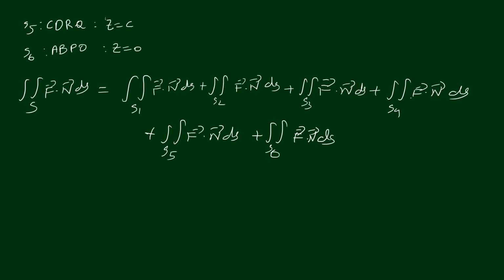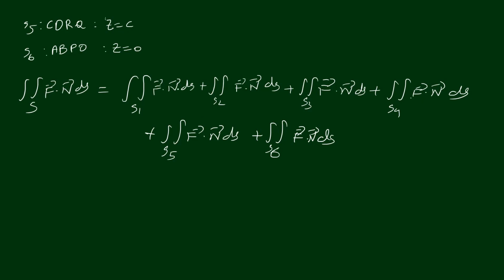Here f is the same. F vector is the given vector field, but here n is changing. N vector is the unit normal vector to the surfaces, and here the unit normal vector is changing over S1, S2, S3, S4, S5 and S6.